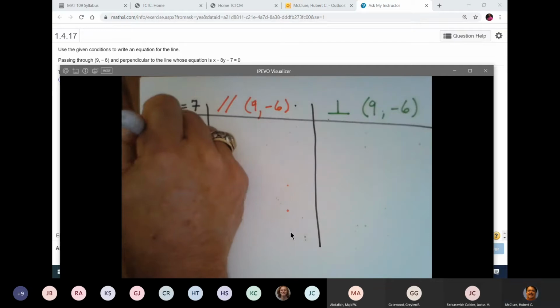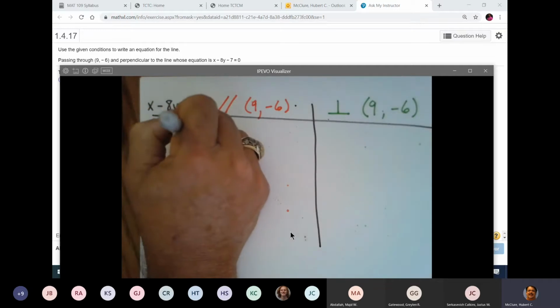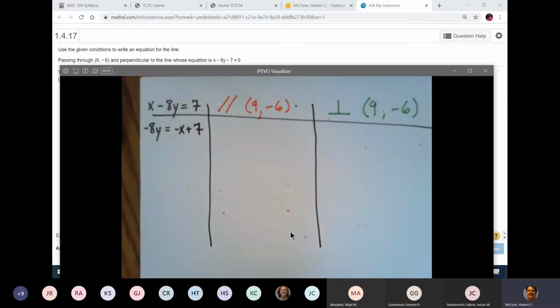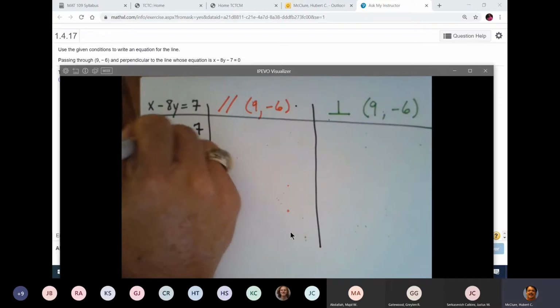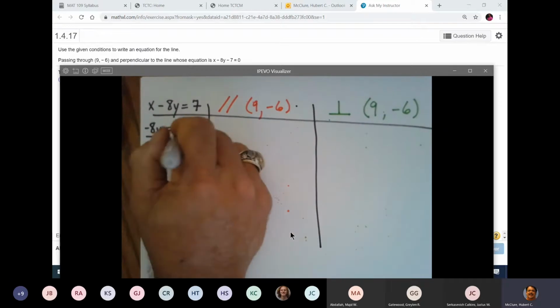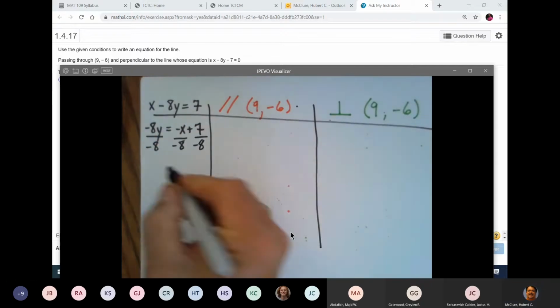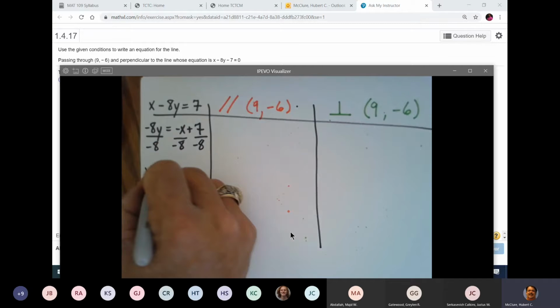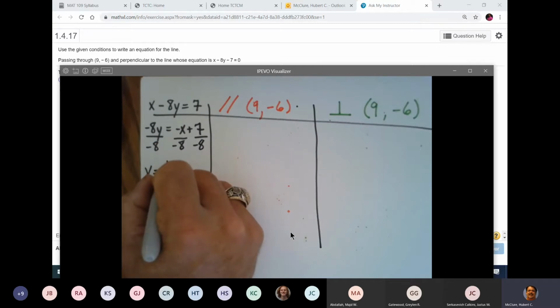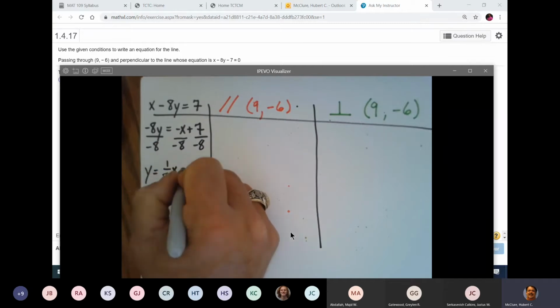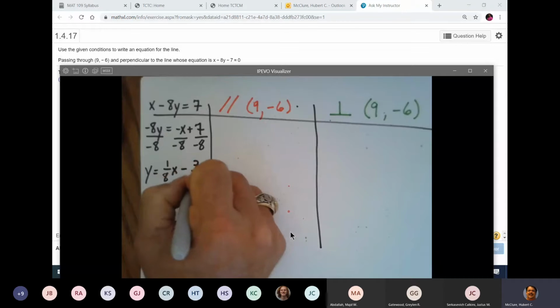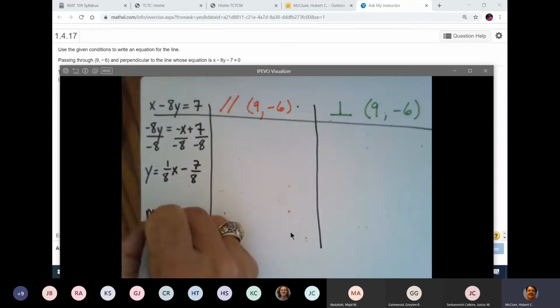All right, so -8y is equal to -x plus 7. Divide by -8, divide by -8, divide by -8. Y is equal to 1/8 x minus 7/8. So M is equal to 1/8.